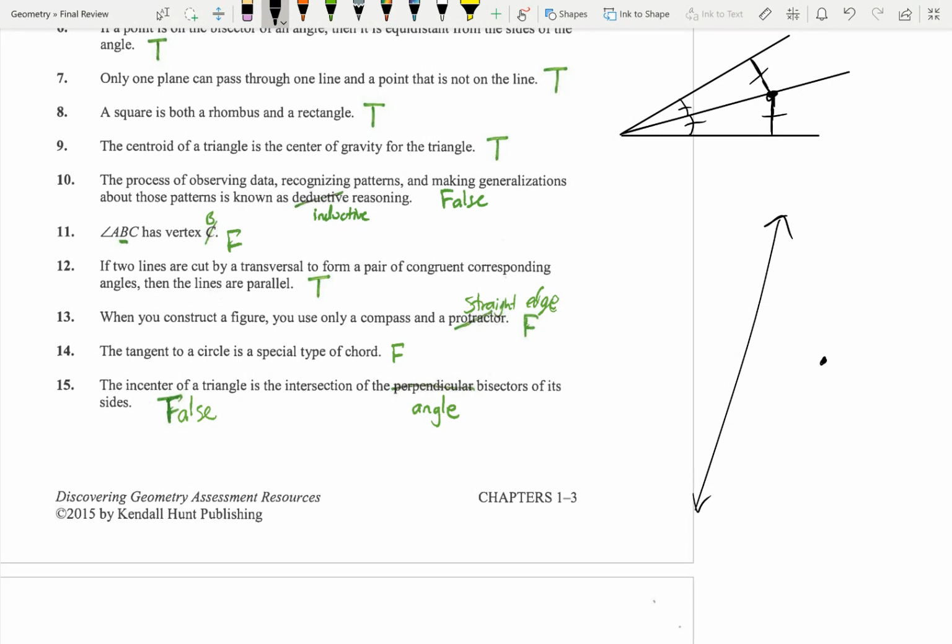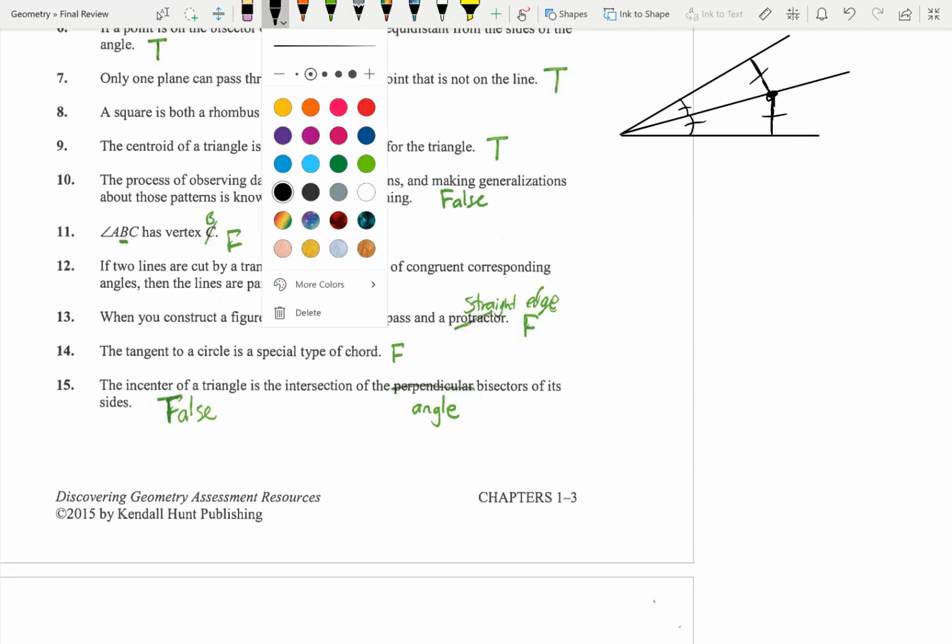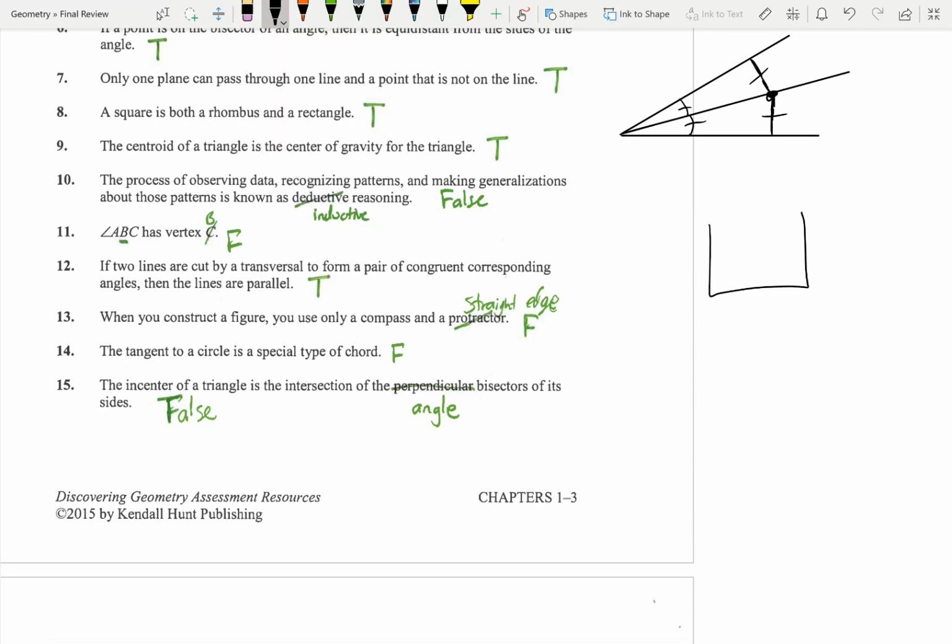So that's true. Square is both a rhombus and a rectangle. It's also true. So a square is equiangular, which makes it a rectangle. And because all sides are congruent, it's also equilateral, which is the property of a rhombus.